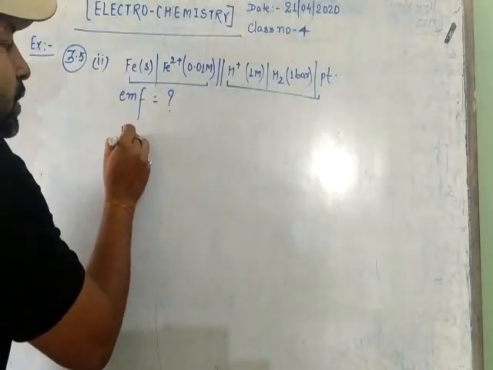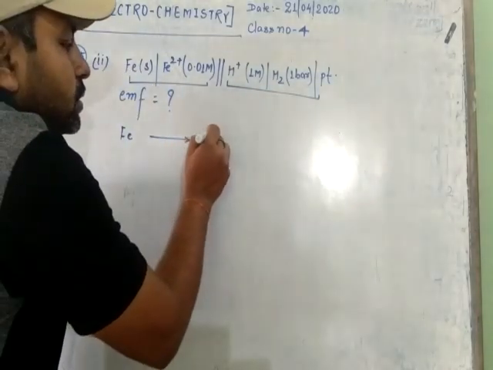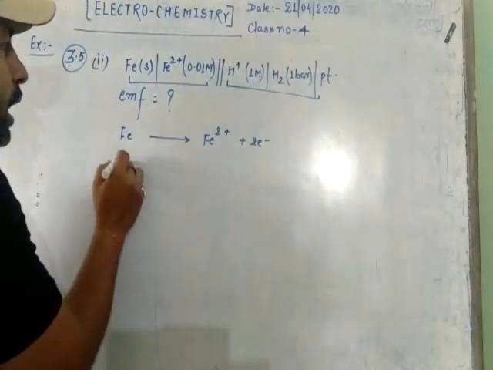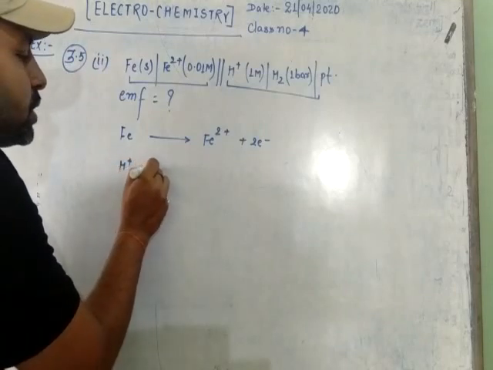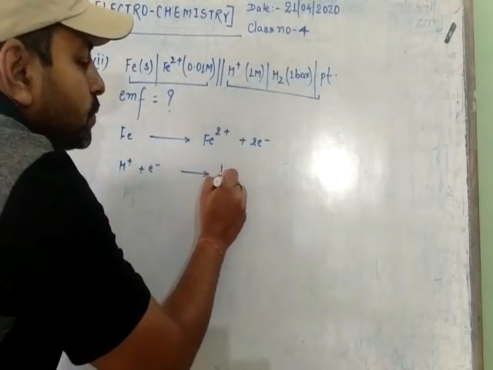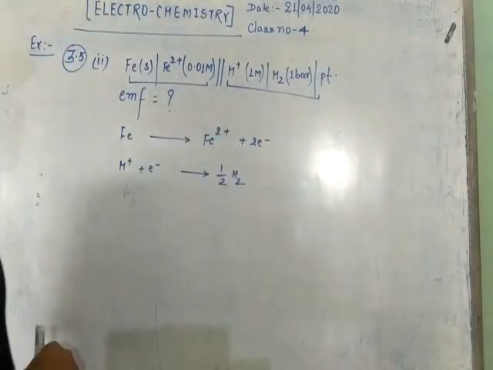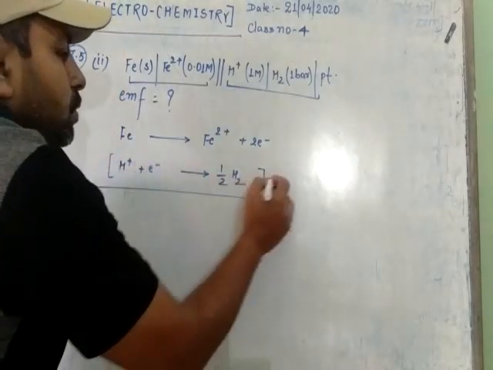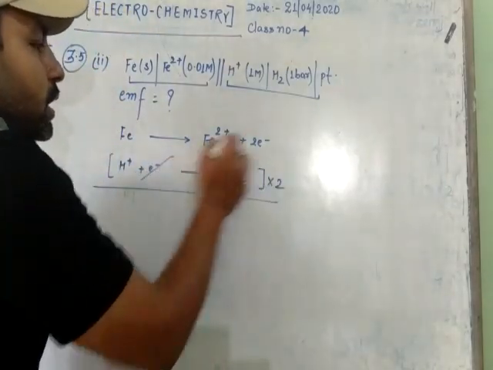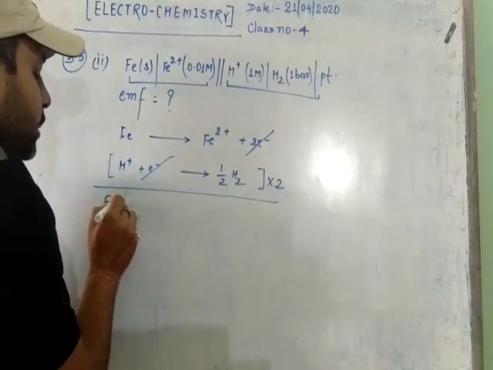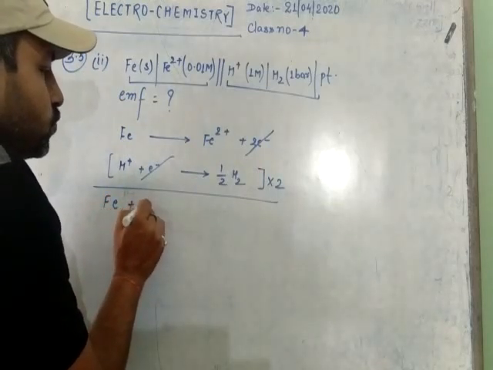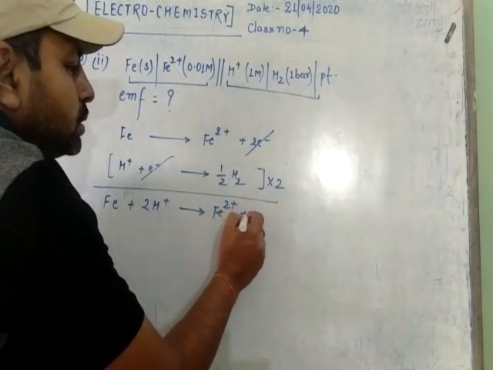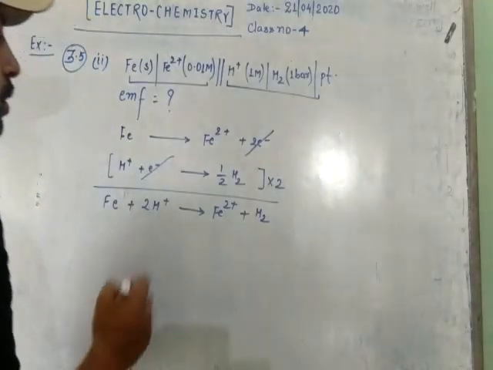Now we write that Fe is oxidized into Fe2+ plus 2 electrons, and H+ is reduced by gaining an electron. To balance, the electrons are cancelled, and we write Fe plus 2H+ gives Fe2+ plus H2.